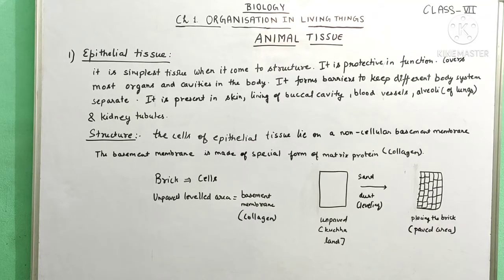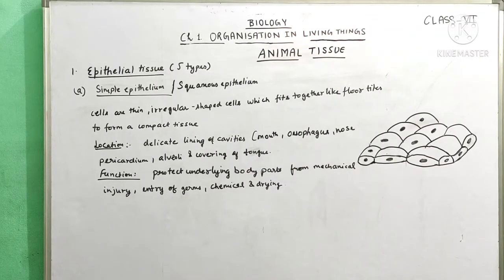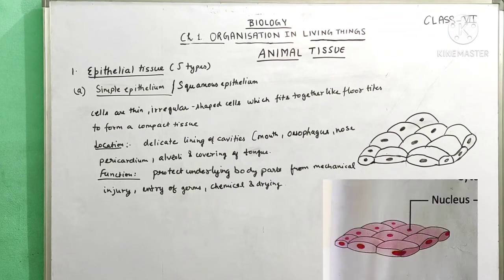And if we look at the epithelial tissue, bricks can be considered as the cells, and the unpaved leveled area is considered as the basement membrane, in which the bricks are placed to make it paved and compact in structure. Under the subcategory of epithelial tissue, the first tissue we are studying is squamous epithelium.